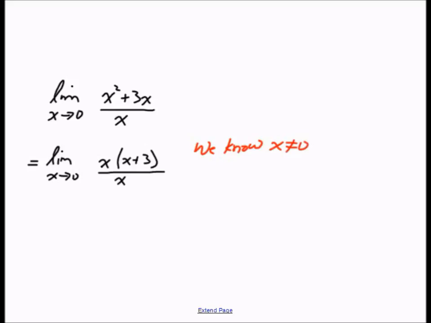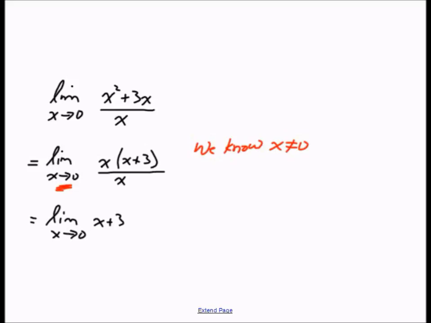So it makes sense that we look at x approaching 0. Now we need to look at x approaching 0 from the negative side, and x approaching 0 from the positive side. If x is not 0, it will never be undefined, and therefore this is the same as the limit as x approaches 0 of x plus 3. So what will happen to this function as x approaches 0 from the negative side?